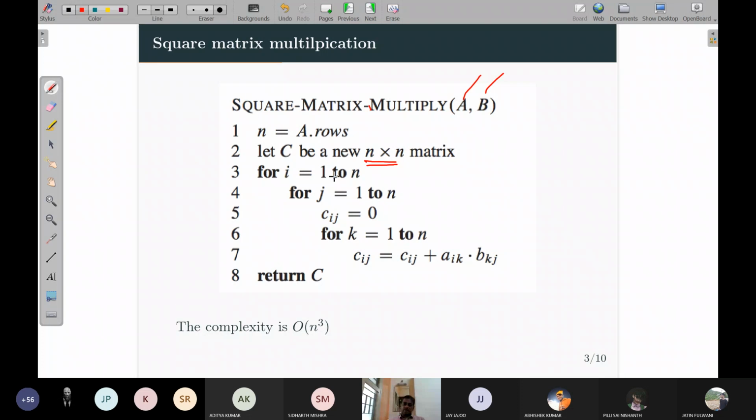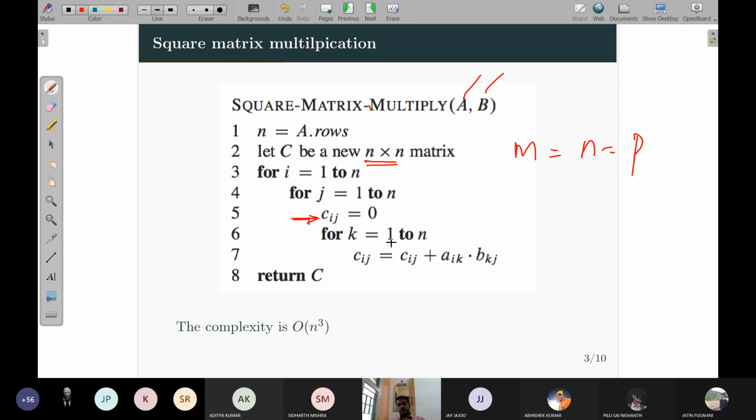This is the first for loop, which runs up to n. Here m is equal to n is equal to p, since all the matrices are square matrices. So i will run from 0 to n, j will run from 0 to n, and Cij is initialized to 0. This is the accumulating variable, to which the values are accumulated.